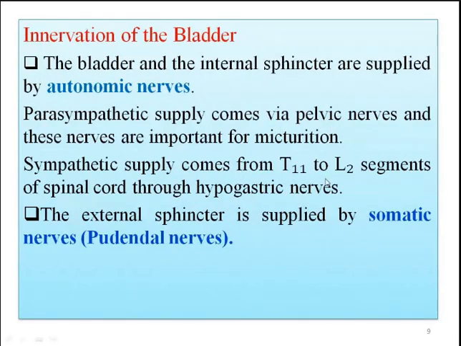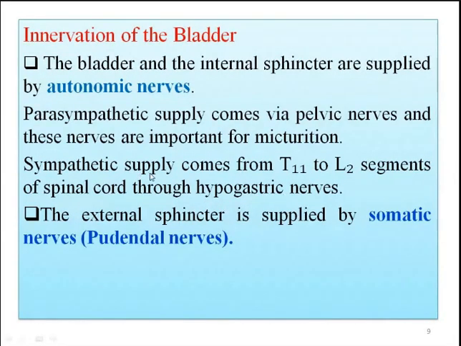The parasympathetic supply comes from sacral segments 2, 3, 4. The sympathetic supply comes from thoracic 11 to lumbar 2 segments of the spinal cord through the hypogastric nerves.